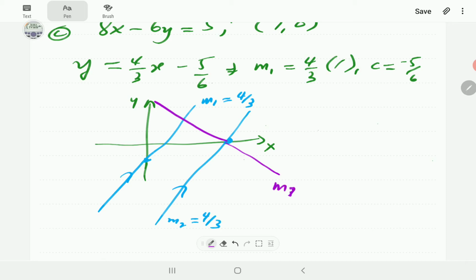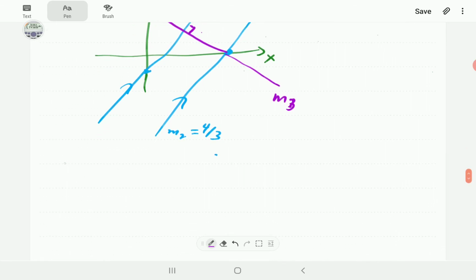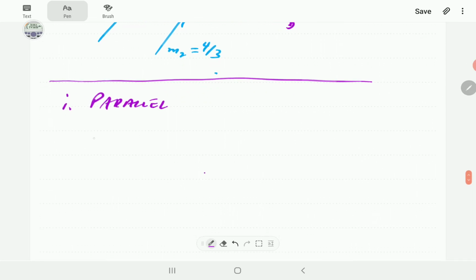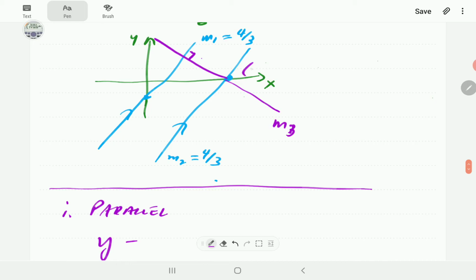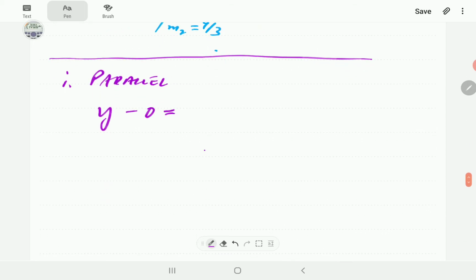So its gradient is going to be M3. That must be 90 degrees. All right, so the equation of the parallel line is going to be y minus y1, this is the (7, 0), y1 is 0, and then 4/3 x minus 7.